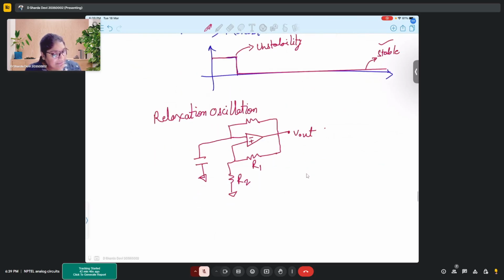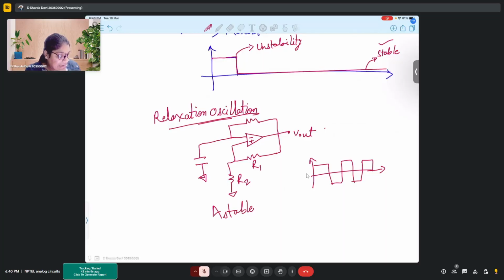We saw that the output of this particular circuit was again a square wave. So this is one of the astable multivibrators. We can call this particular circuit also an astable multivibrator, as it gives us a square wave which does not have a stable state.